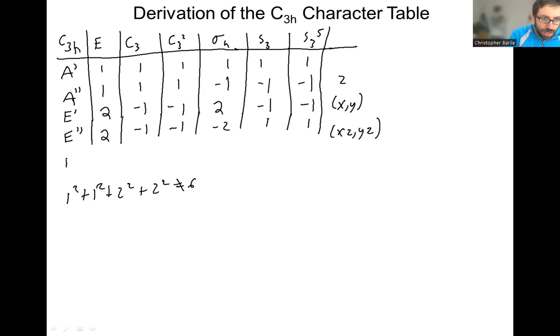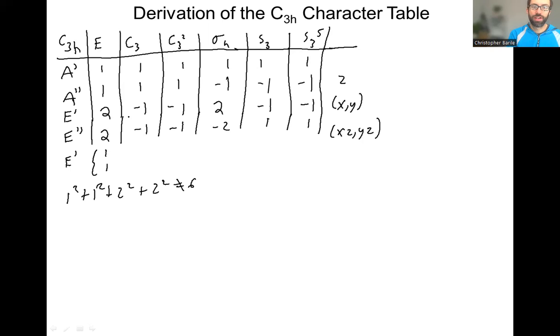And so this E prime, we're going to cross this out, is going to get broken up into a component with 1 and 1. And some of the values here, the solutions here, 1 plus 1 equals 2, the solutions for the other ones are going to contain complex numbers, which have real and imaginary parts. There are no real functions that transform as these irreducible representations.